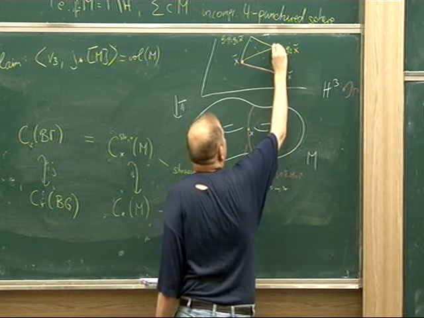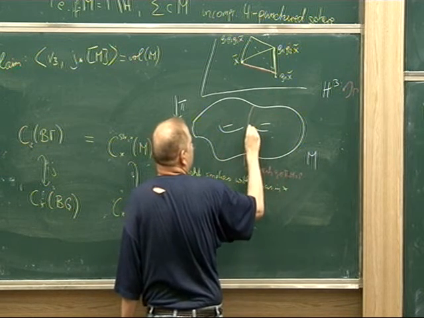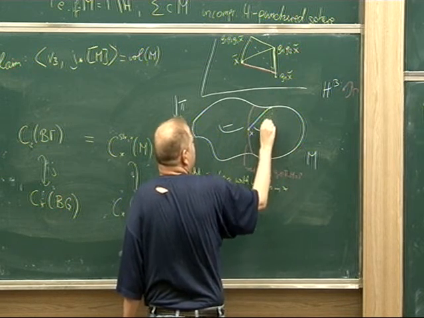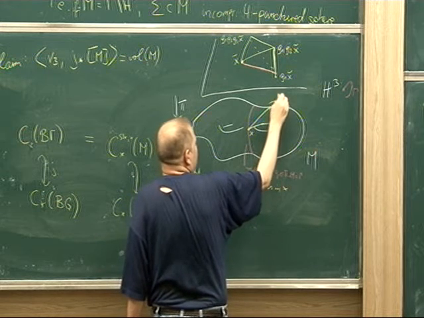The next one then represents G2 and so on.